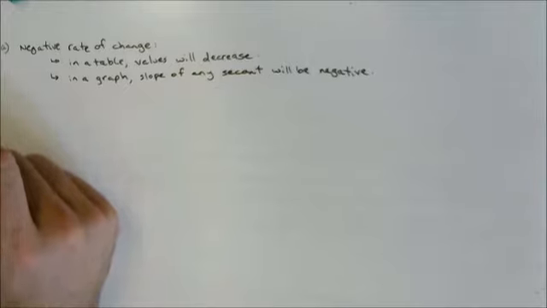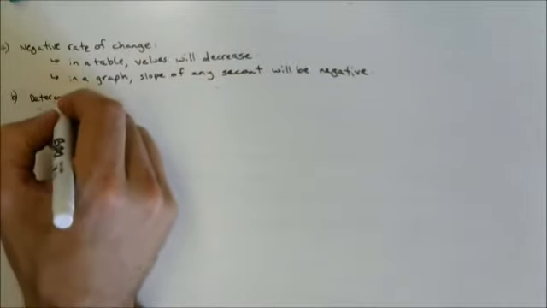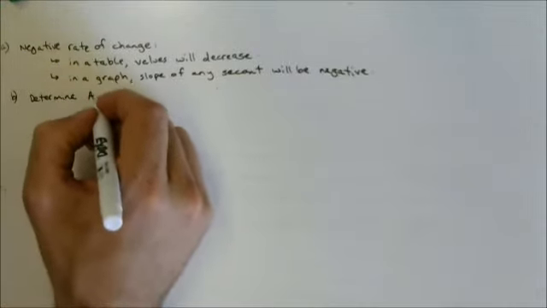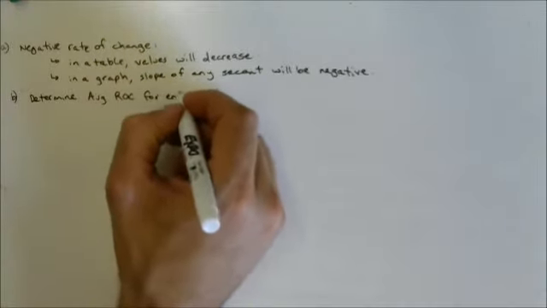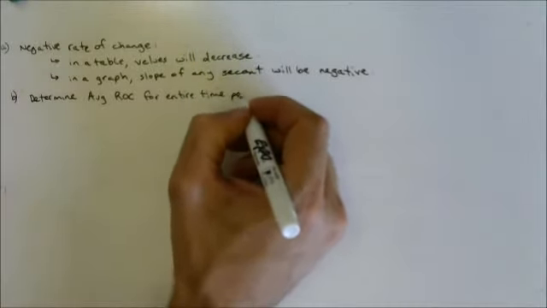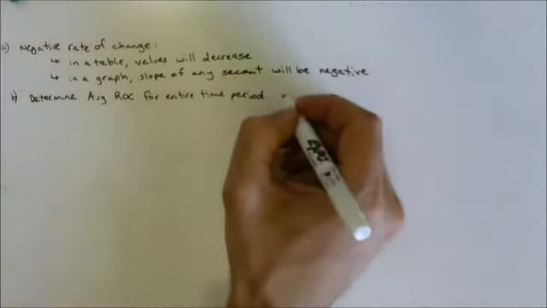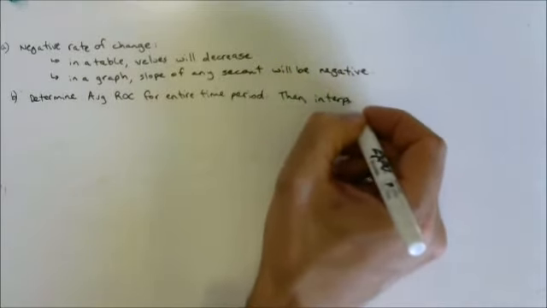So what we're going to do is determine the average rate of change of the number of bacteria over the entire time period, and then interpret this value. So B, determine the average ROC for the entire time period, then interpret.